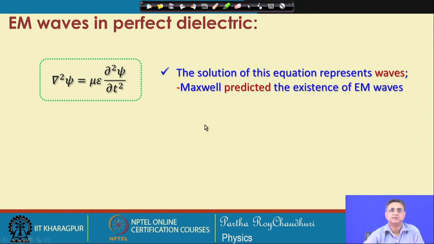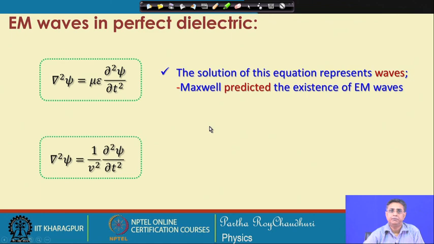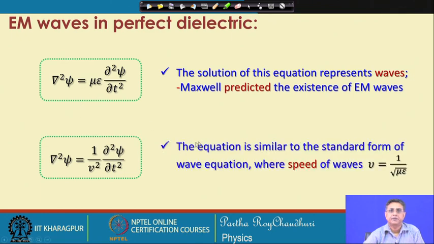Maxwell predicted the existence of electromagnetic waves. How did he predict it? After organizing this wave equation, he could arrive at the quantity v, which represents the velocity. So, this is the standard wave equation, and this is the wave equation for electromagnetic waves, where psi represents the component of the electric fields in any of the coordinate systems.